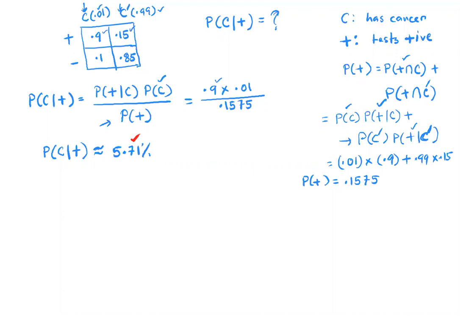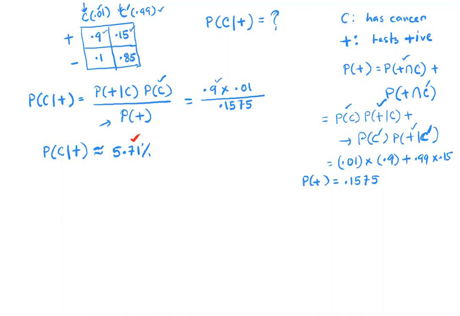What in reality happens, this is an abstract or theoretical calculation. In reality, when you go to the doctor, the doctor is not going to randomly select a person and say, hey, we are going to take you and start testing you for breast cancer. But the way this problem is designed, it actually does that. This is for a randomly selected person from the population.